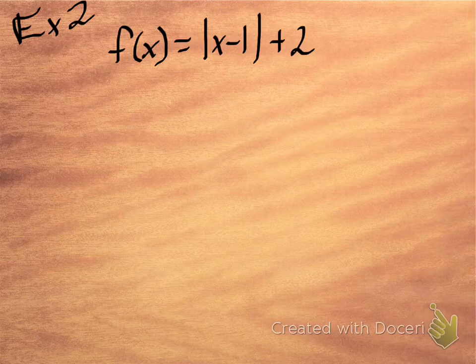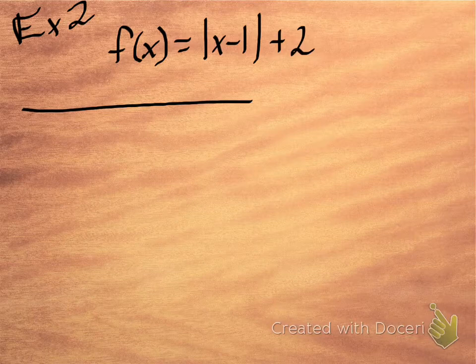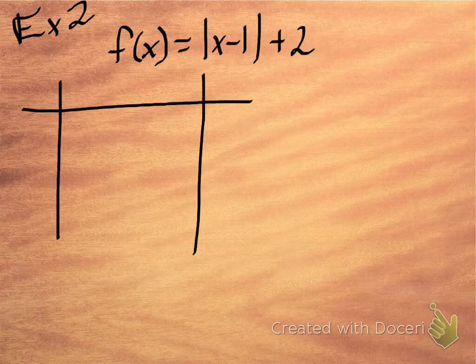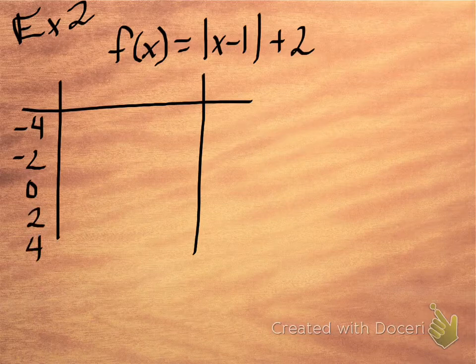Let's again do a table of values for this. Again, I am going to choose 5 points: -4, -2, 0, 2, and 4.